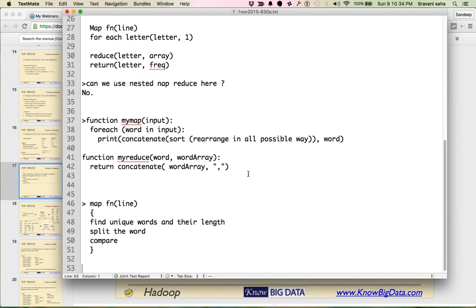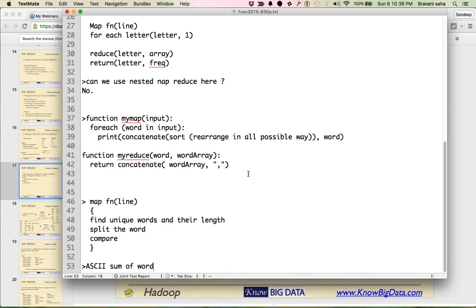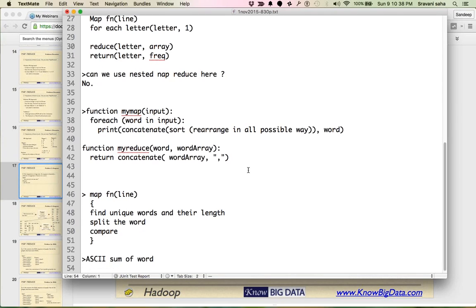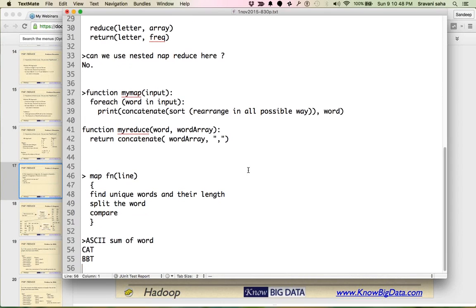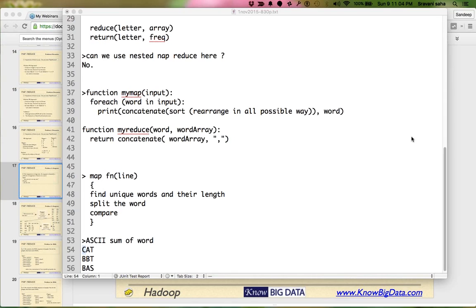Another approach is a key which is the sum of the letters of the word, but it could be the same for cat and another word, isn't it? Right?